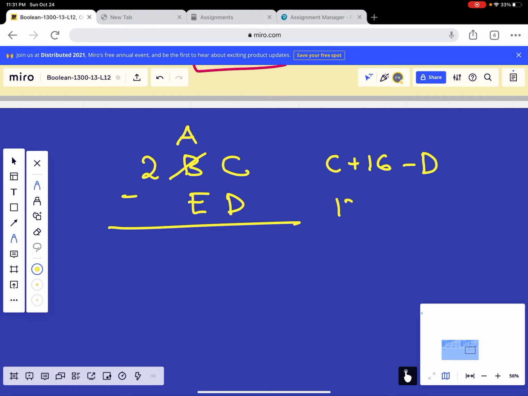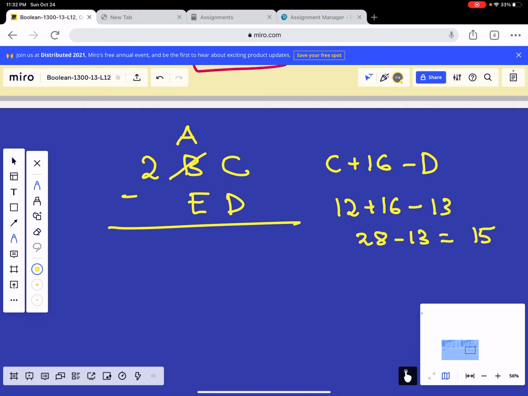So write out 12 plus 16 equal 28, and subtract D. D is 13. So 28 minus 13 is equal 15.